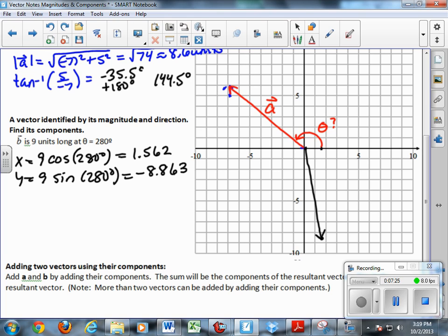I'm going to put my vector b on here, and group these two together so that when I move it, it will move as a unit.